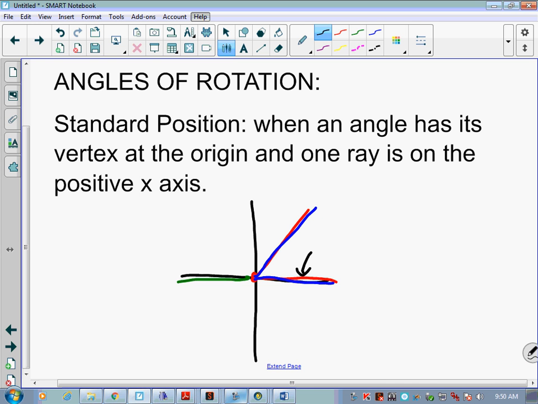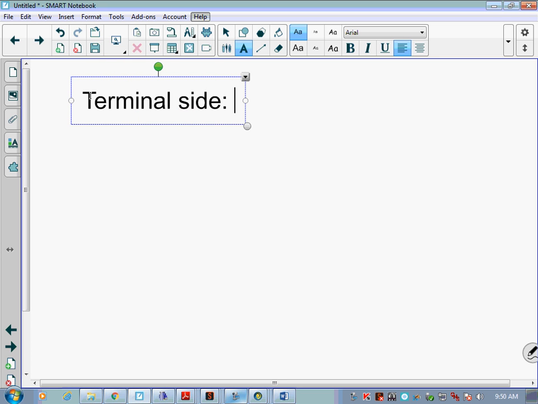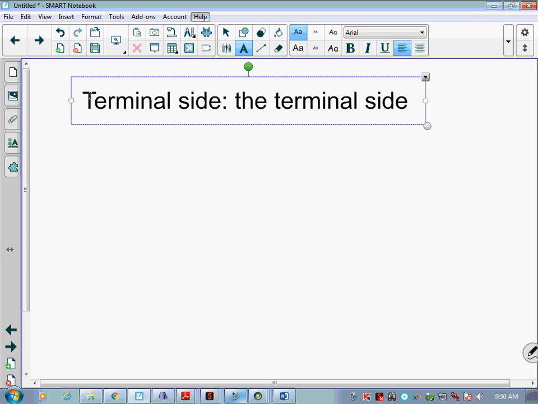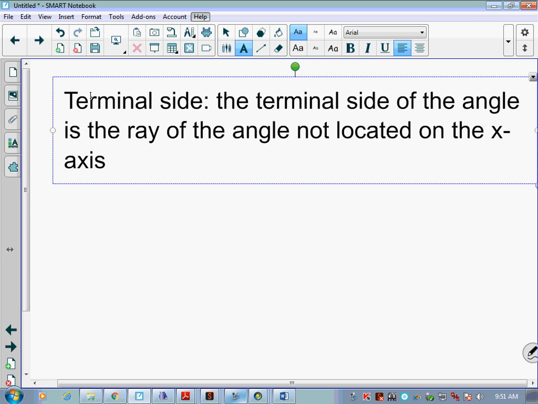All right, let's move on to another piece of terminology: the terminal side. The terminal side is the ray that is not on the x-axis.